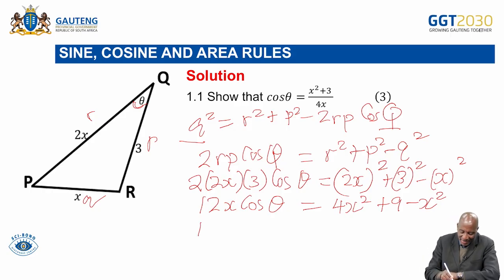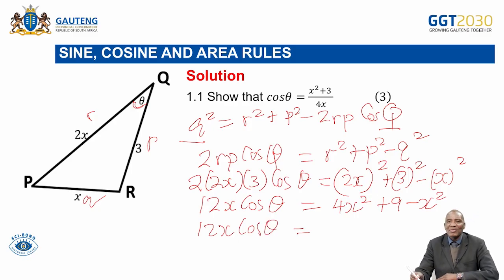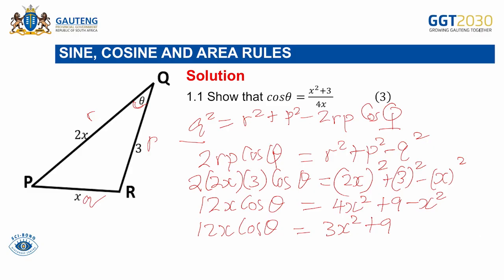We have 12x cos theta equals, there are like terms, 4x squared minus x squared, I get 3x squared plus 9. We want to solve for cos theta. What are we going to do from there? Yes, we are going to divide both sides by 12x. Let's eliminate this 12x.